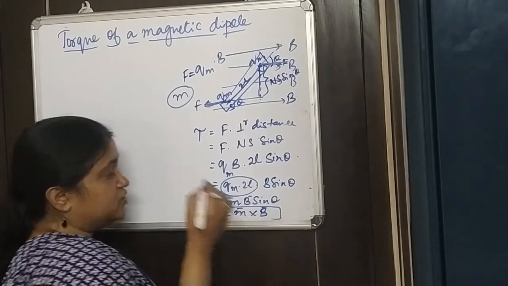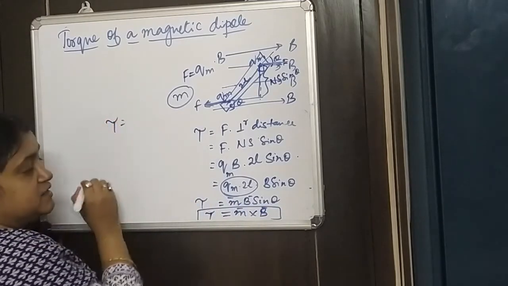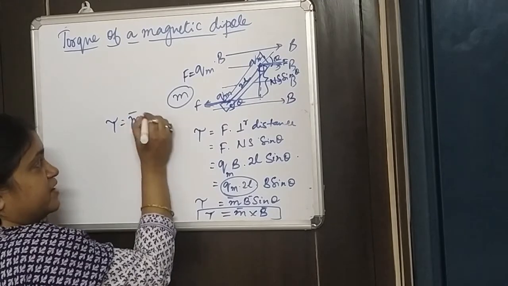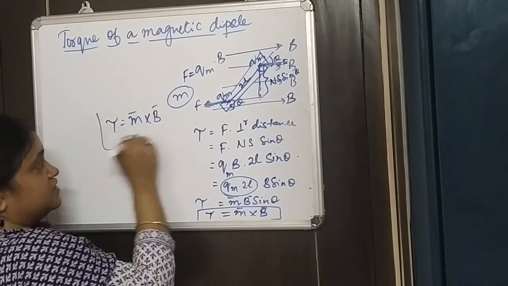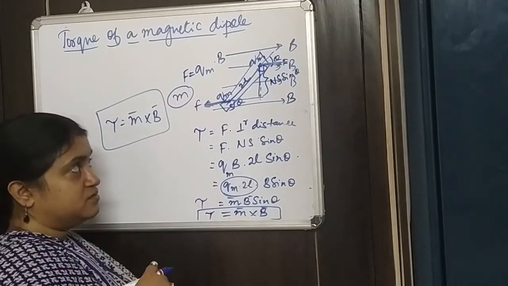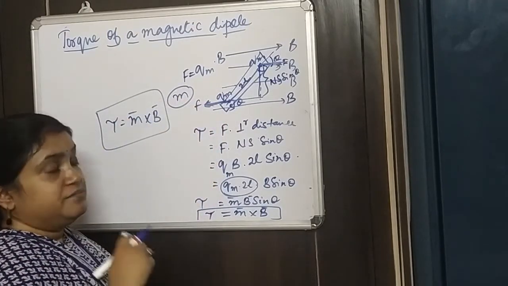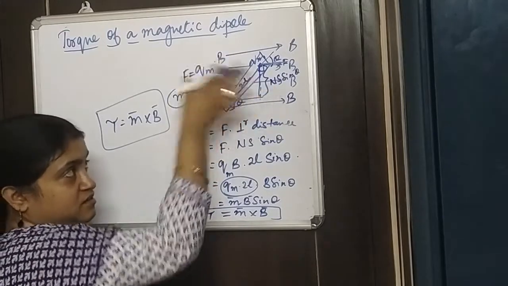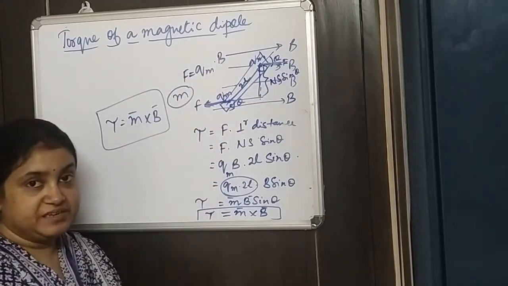So the torque is given as magnetic moment cross B. So this is the torque due to a dipole magnet in a uniform magnetic field.